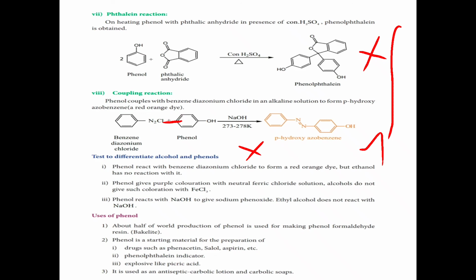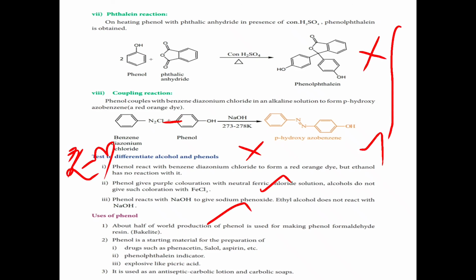And the next one is purple coloration with neutral ferric chloride. We will do it in the laboratory. When school starts, we have phenol and neutral ferric chloride, and we will do this experiment. The last reaction is that ethyl alcohol does not react with NaOH, whereas phenol reacts with NaOH and forms sodium phenoxide.